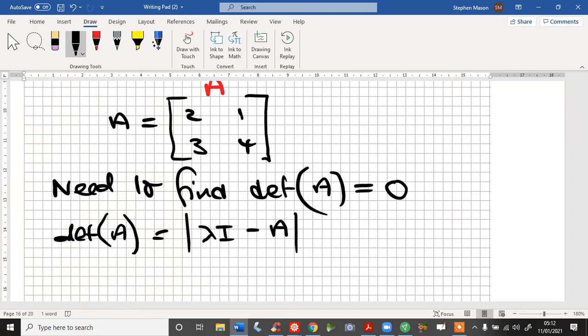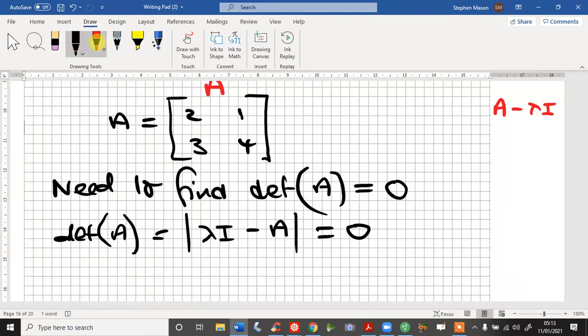Many mathematicians, in fact most mathematicians, would write this as, and I'll just write it in the margin here, A minus lambda I. But I am very, very dyslexic, and writing it round this way causes me problems involving minus signs, and I make extremely glaring errors. So I prefer to write it round this way, which is absolutely fine because the determinant is always equal to 0.